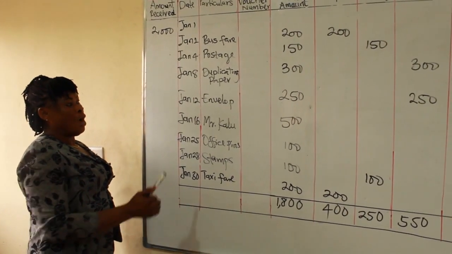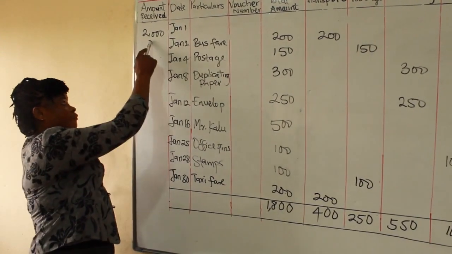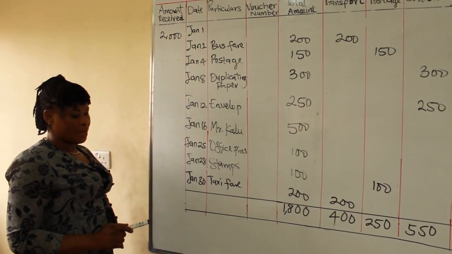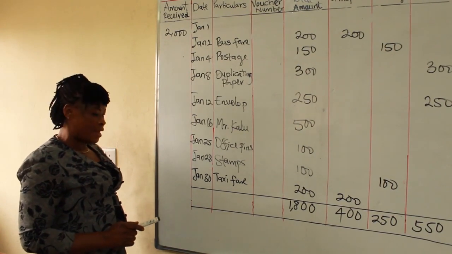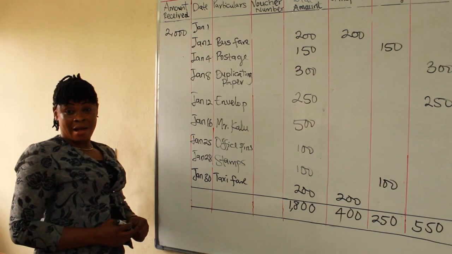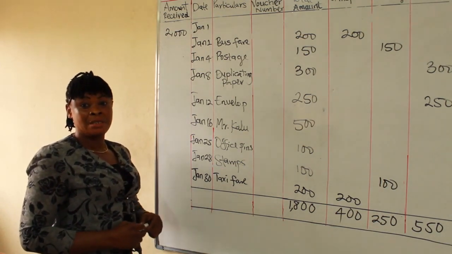Now, we are going to deduct 1,800 naira from 2,000 naira in your rough paper. And that will give us 200 naira remaining. That 200 naira is known as our balance carried down.